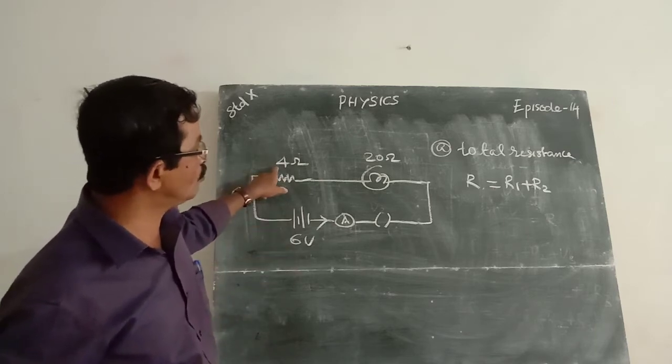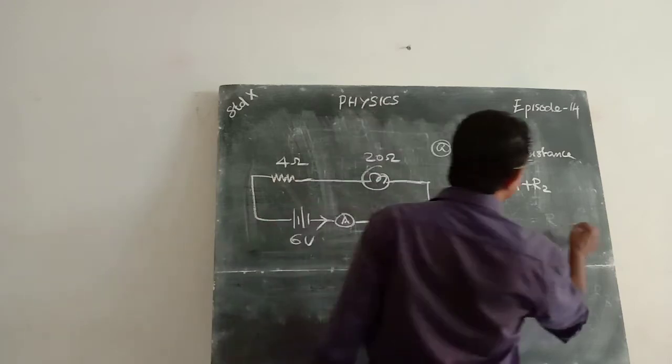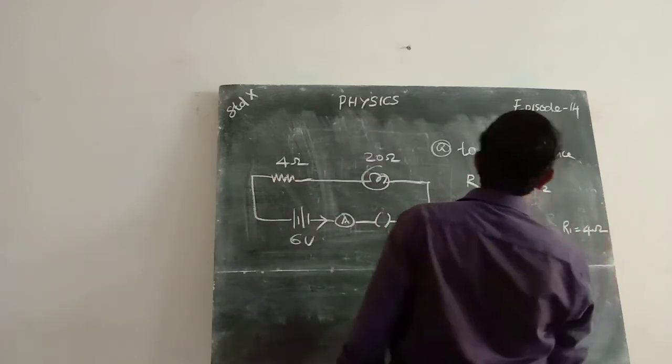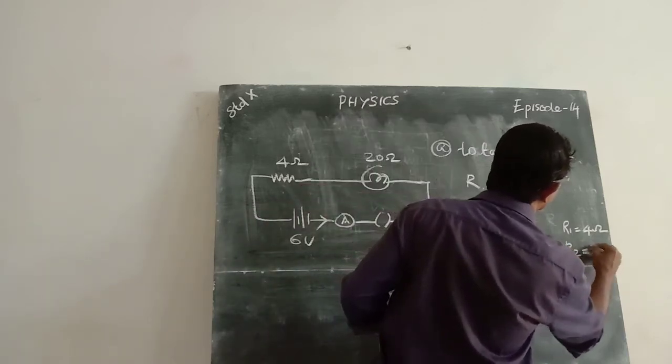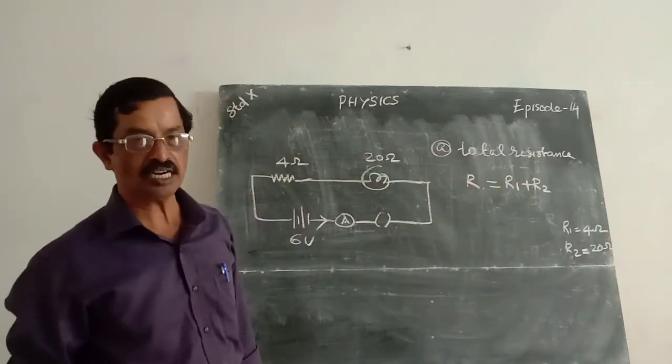One is 4 ohm and one of 20 ohm. Now, first we can take R1 is equal to 4 ohm, and second one R2 is equal to 20 ohm.